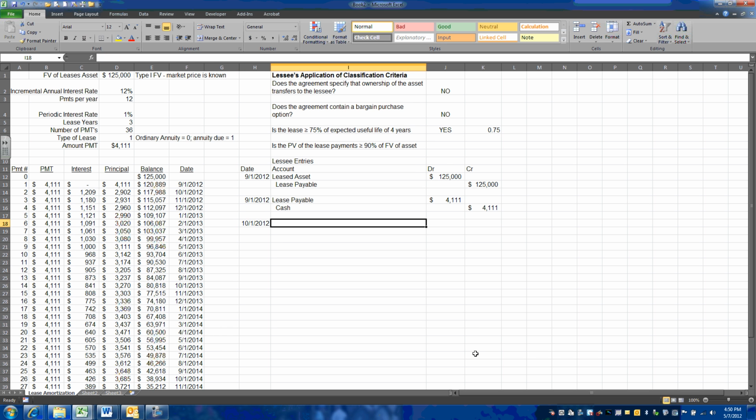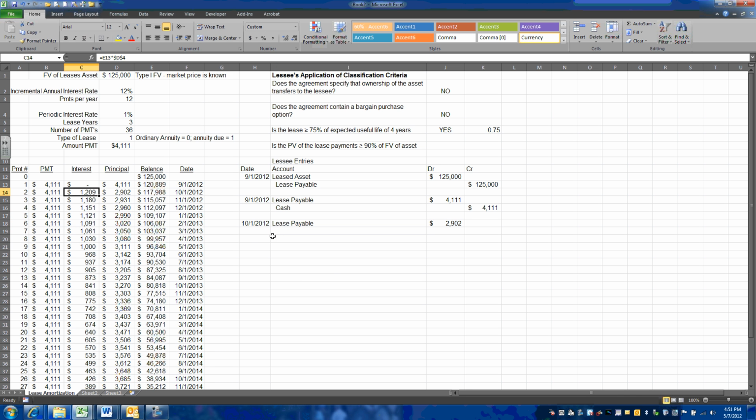Again, we are going to debit lease payable, and that is going to be the amount of the principal reduction on the amortization table. In this case, $2,902. You will also recognize interest expense.